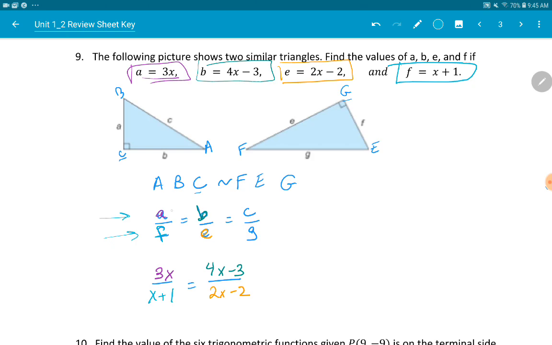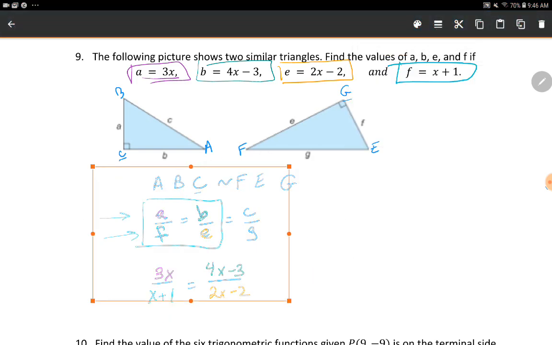The A and F are corresponding sides, the B and E are corresponding sides, and the C and G are corresponding sides. So that's what you want to be careful of there. We don't need C and G since we haven't been given that information, and we don't need to find it. So really, we're just focusing on these. I'm going to shrink this up to give myself a little space here to do some work.